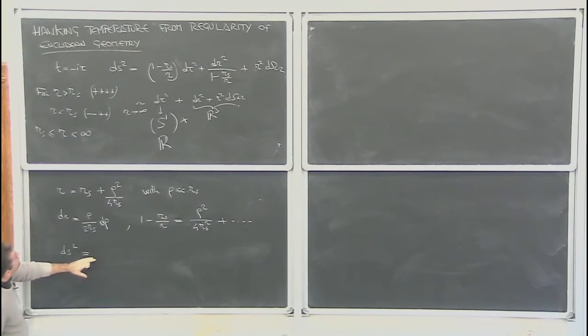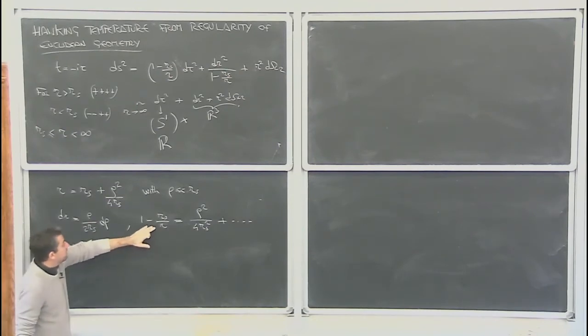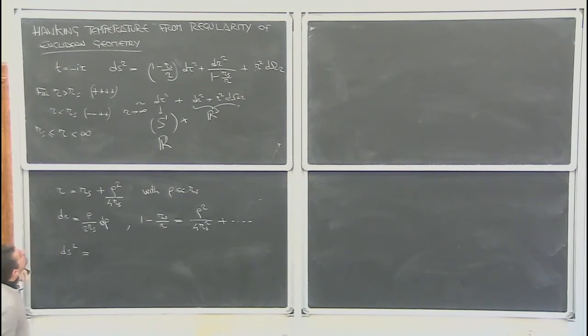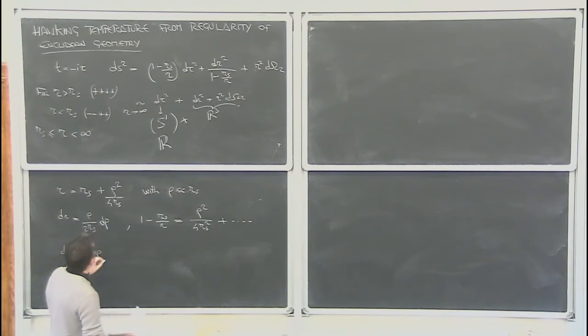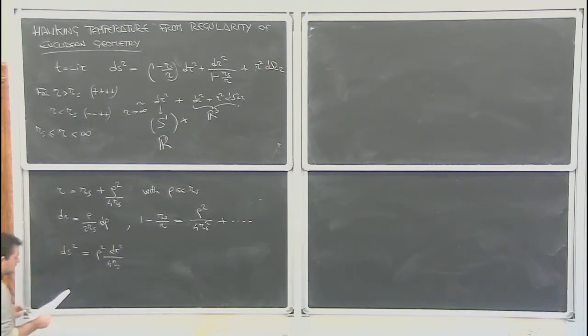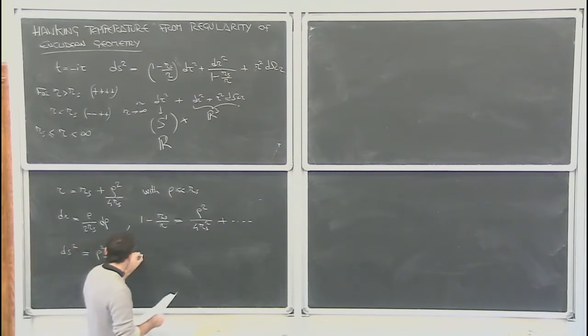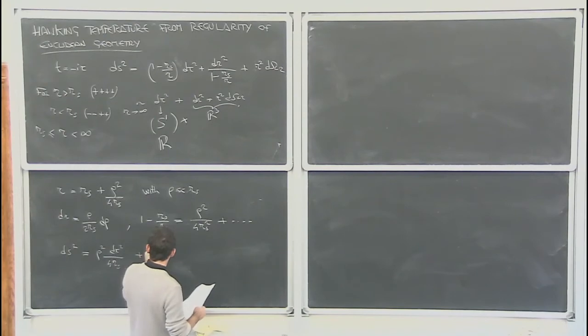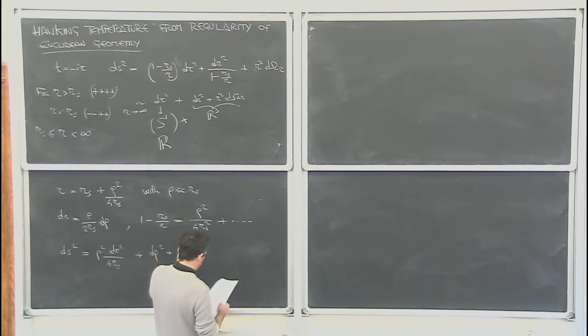This is actually the only expansion I have to do. All the rest is simple. So let's see what we get. We get rho squared d tau squared over 4Rs squared, plus d rho squared, plus Rs squared.